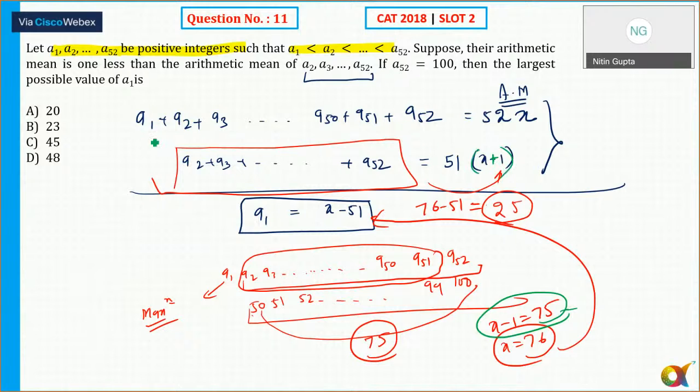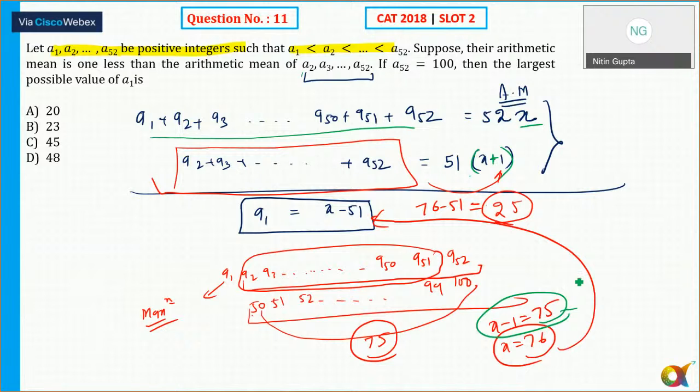Just make a correction here. If the mean of A1 to A52 is x, then the arithmetic mean of A2 to A52 is x plus 1. So this will be 51 into x plus 1. This is where I made the mistake. Now if I subtract, this value I've written correctly.